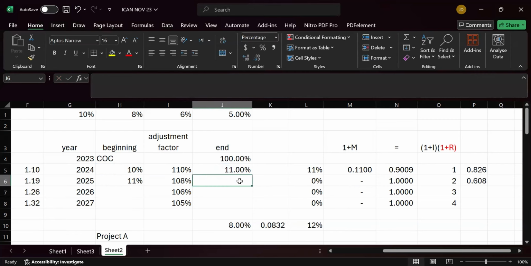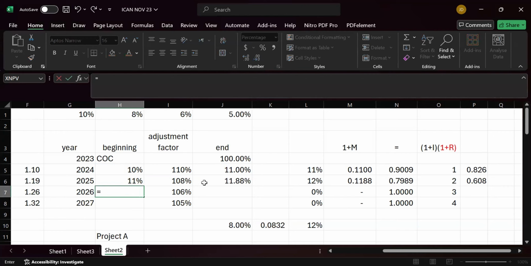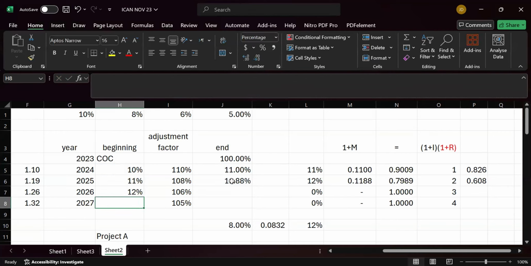At the end of 2025, the adjusted cost of capital will simply be 11.88. So this becomes the beginning of 2026. And at the end of 2026, this will have changed to 12.59.